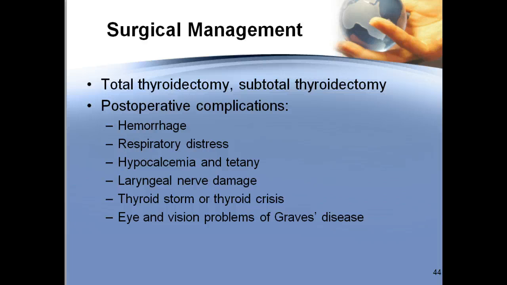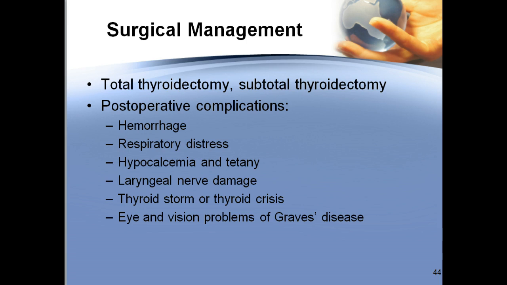Surgical management would basically be either a total thyroidectomy or a subtotal thyroidectomy. And just like any other type of surgery, you want to look for postoperative complications such as hemorrhage. You want to look at respiratory distress.